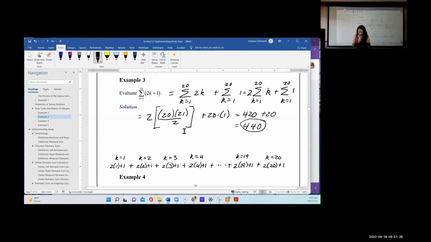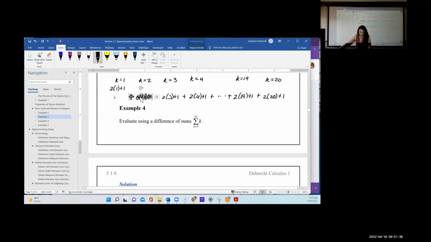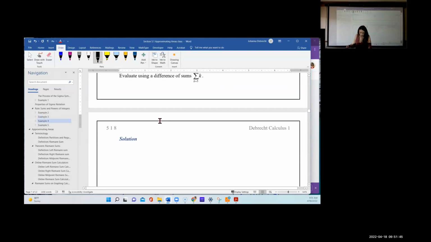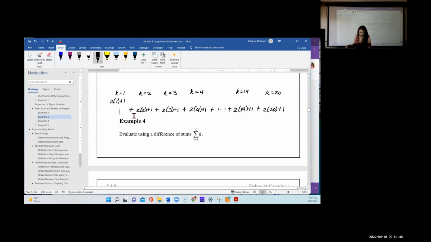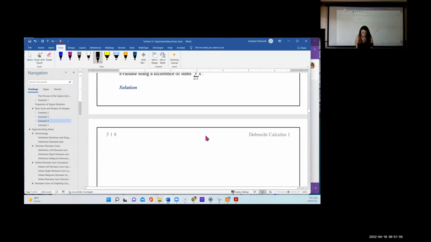Okay. Great job. Now let's look at one where it's not starting at 1. So this one is going to be a little bit different. We've got the sum from k equal 5 to 10 of k.